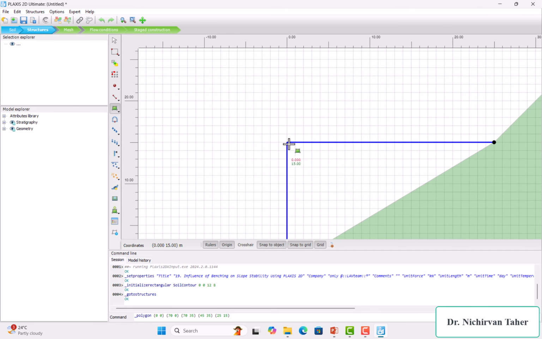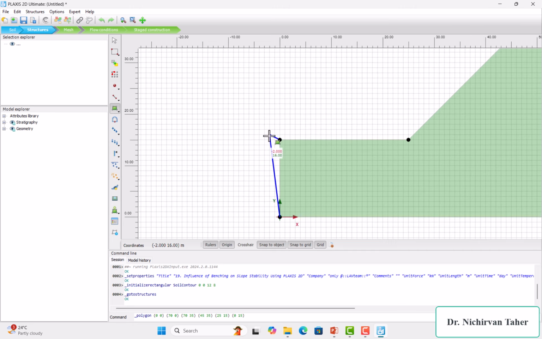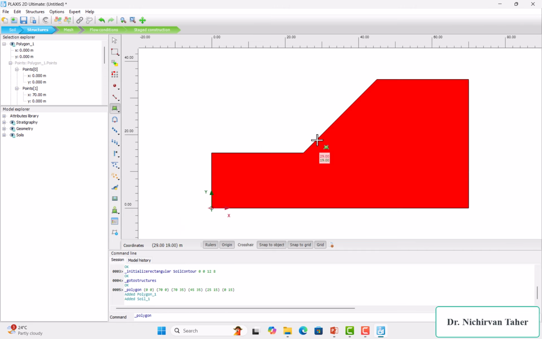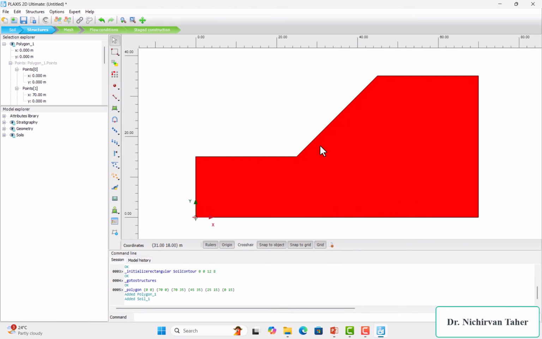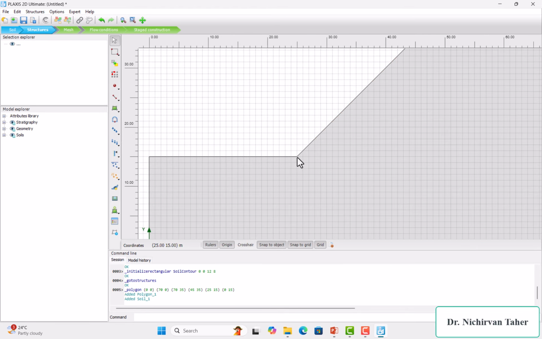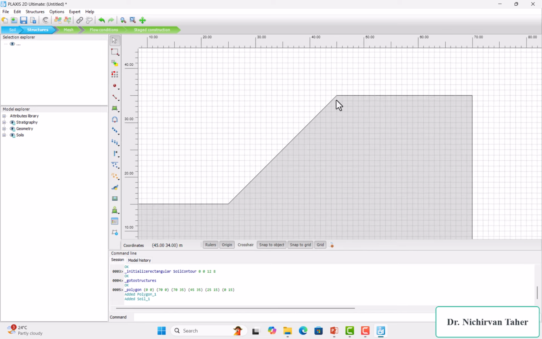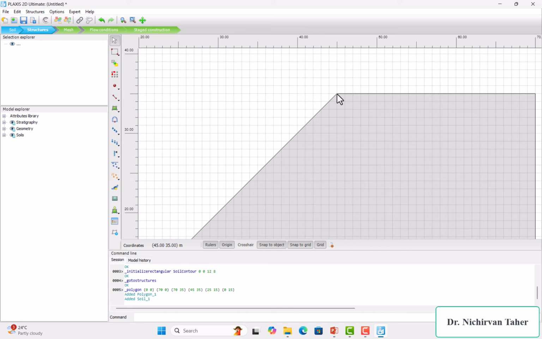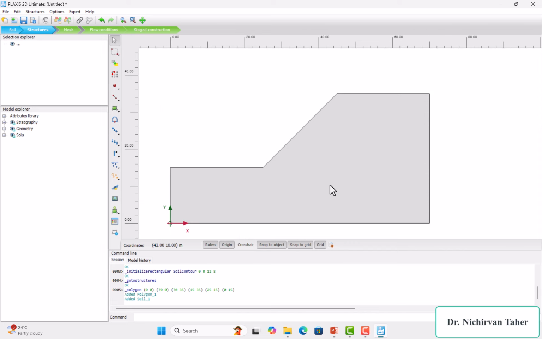And in here again we have 0 at X and 15 at Y direction. So as we can see, this is the geometry of our slope. You can see the Y coordinate is 15 in here, and in here it is 35. So it means this slope is 20 meters high.